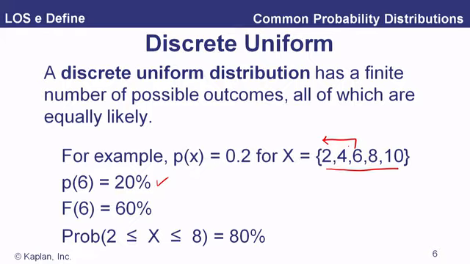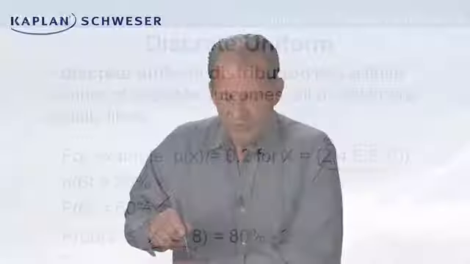So the probability of getting 6, 4, or 2, our cumulative frequency, is 60%. And if we want to look at a range specifically, 2 to 8 inclusive here, that's 2, 4, 6, and 8. That probability is simply 4 times 20%, or 80%. So that's a discrete uniform distribution.